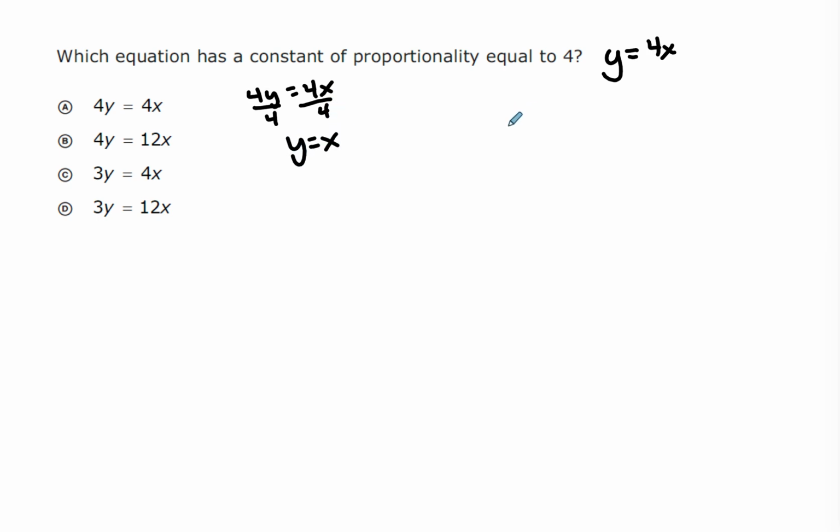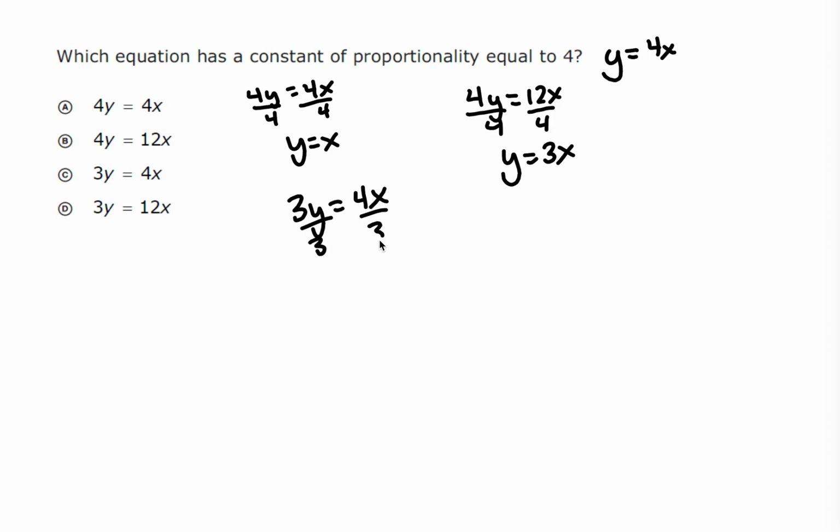My constant on A is 1. So nope, that doesn't work. Let's try the next one. 4y equals 12x. We divide by 4, we divide by 4, we get y equals 3x. Nope. 3y equals 4x. We divide by 3, we divide by 3.